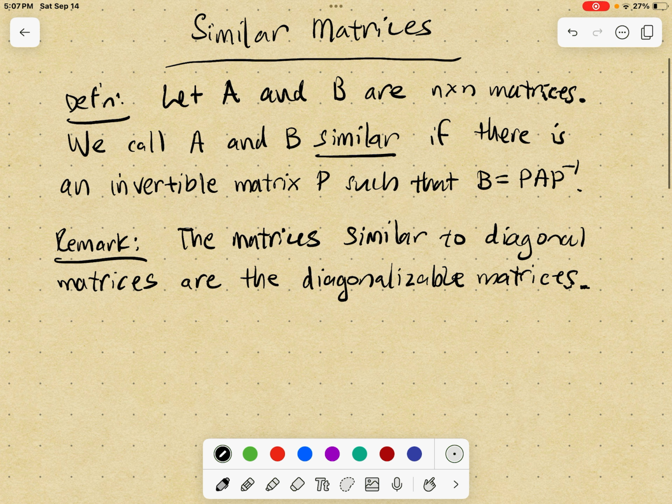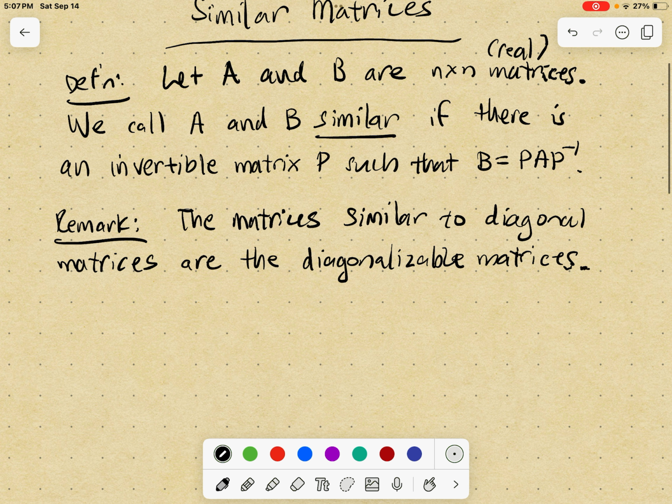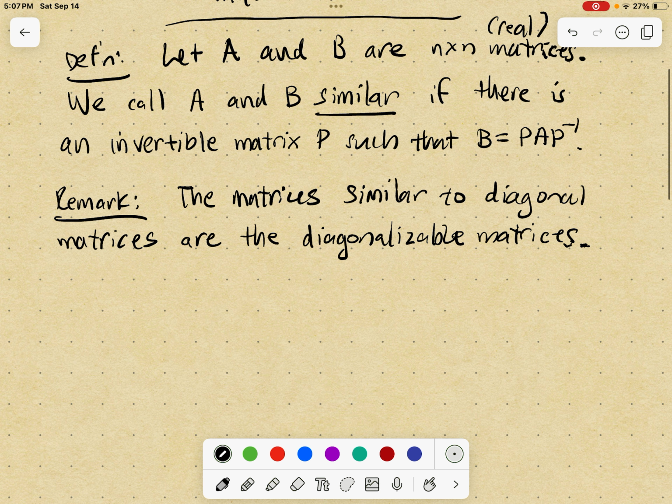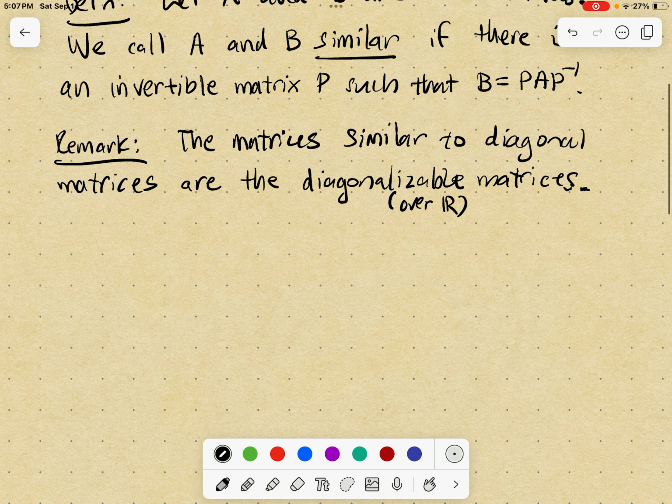Right, and we're talking about these can be either real matrices or complex matrices. So let's just say we have matrices with real coefficients. And so these would be diagonalizable over R, over the real numbers. The matrices that are similar to diagonal matrices with real entries.